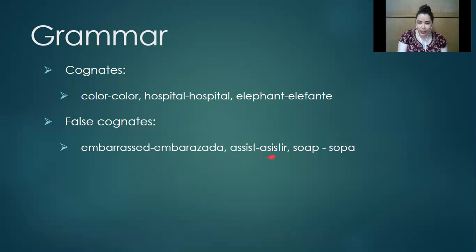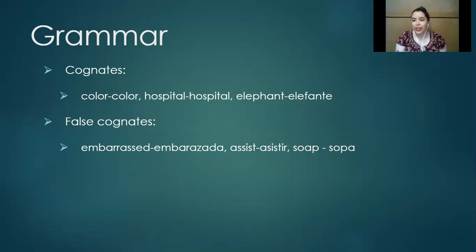Assist in Spanish is not asistir. Asistir means to attend. So we've heard from a lot of our Spanish speaking students, I can't assist the class today.